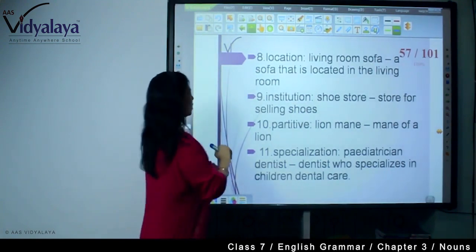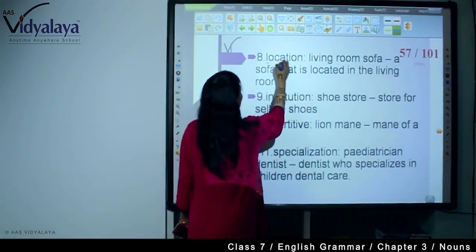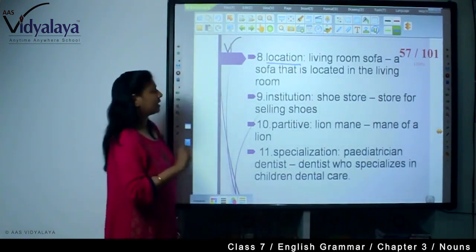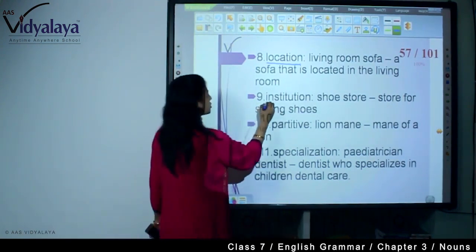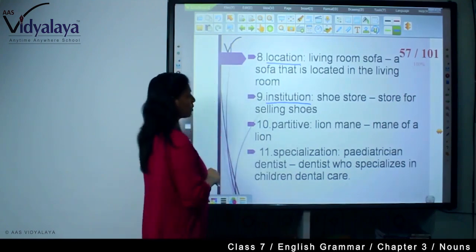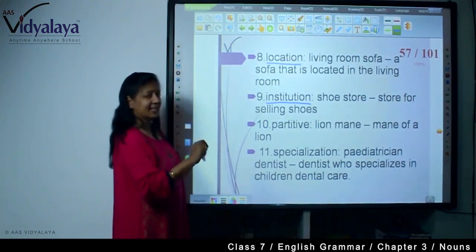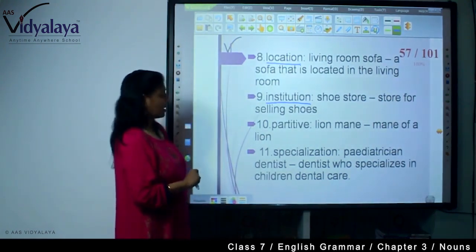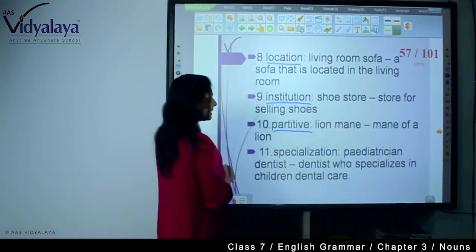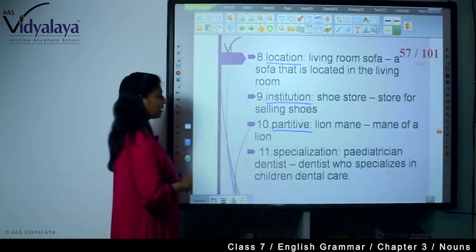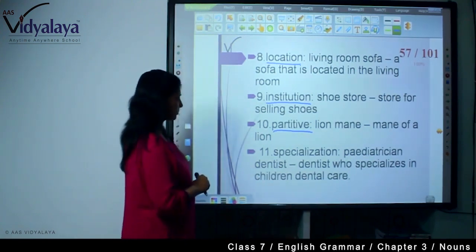Now location. For location, living room sofa, a sofa that is located in the living room. Institution, shoe store, a store for selling shoes. Right? Then participative, lion mane, the mane of a lion.